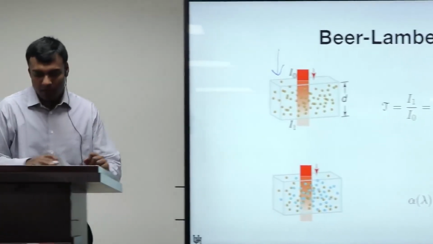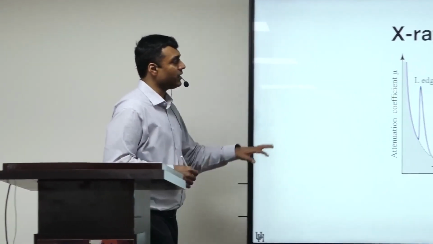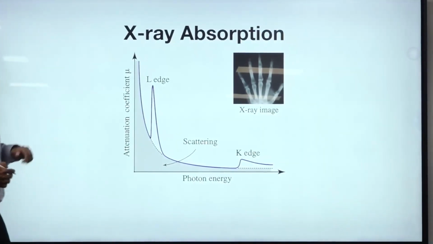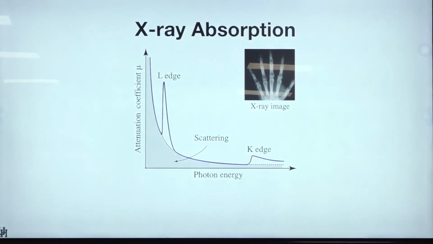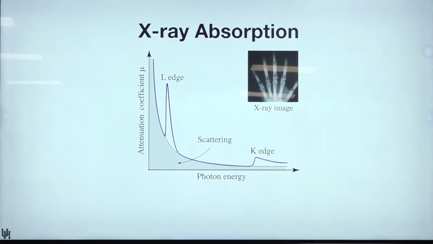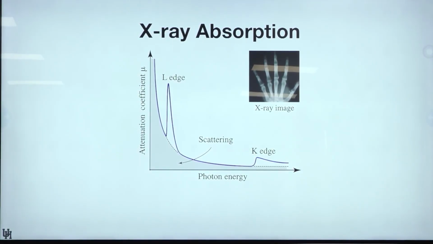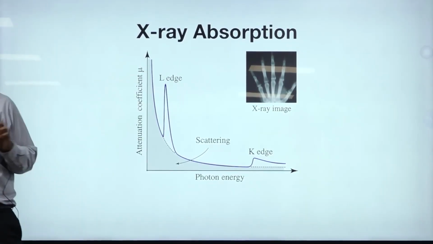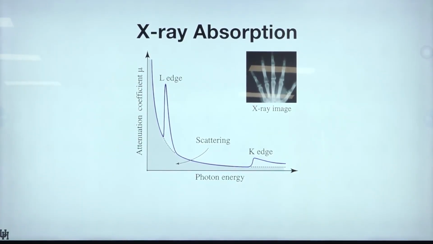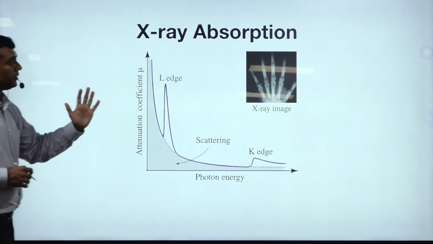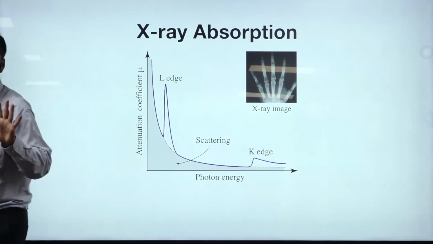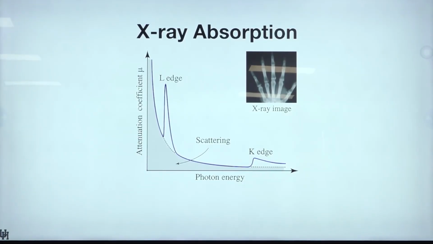Okay. So absorption is also an important phenomenon in X-rays. I was talking about atomic transitions and so on, but X-rays are a bit different. When X-rays pass through, say, the hand, the bones preferentially absorb the X-rays relative to the other kinds of tissue.